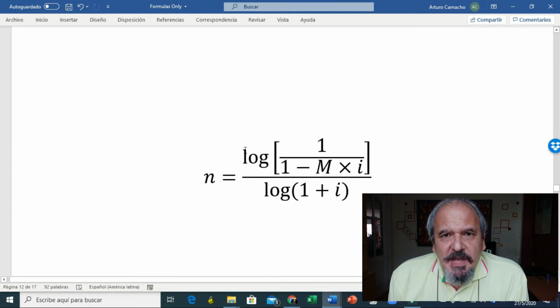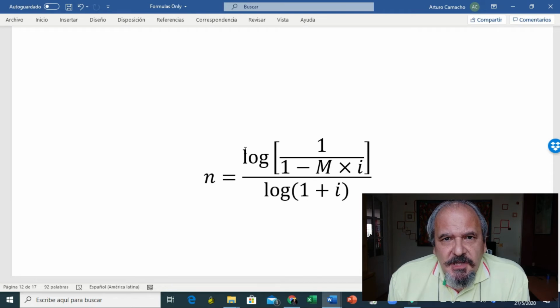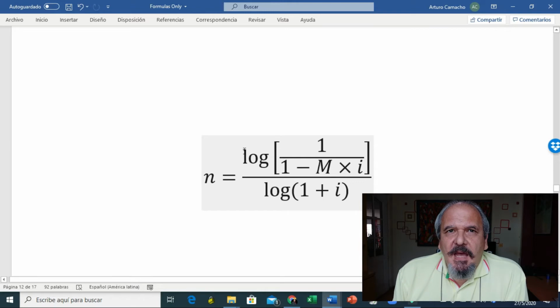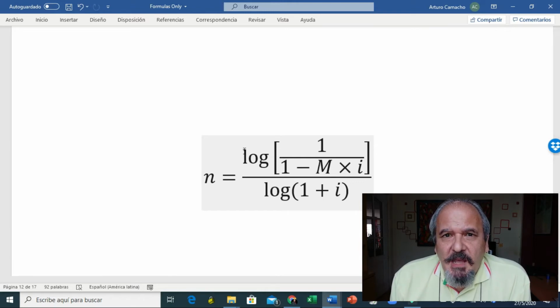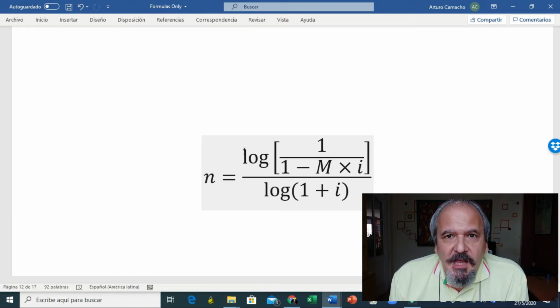Imagine that we have a loan of $10,000 and that we are able to pay $100 per month, and that the bank is charging me 10% as the interest rate. I would like to know, for example, how many months will I take to pay the loan? That's a simple question, right? And this formula will help us a lot for that.